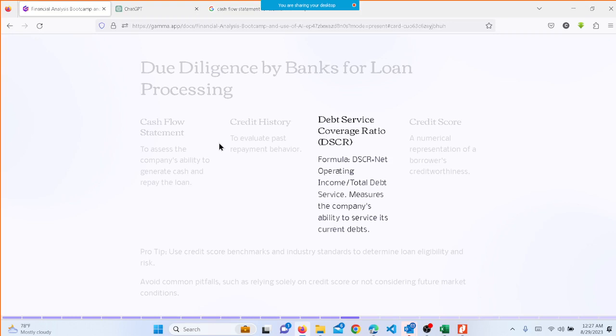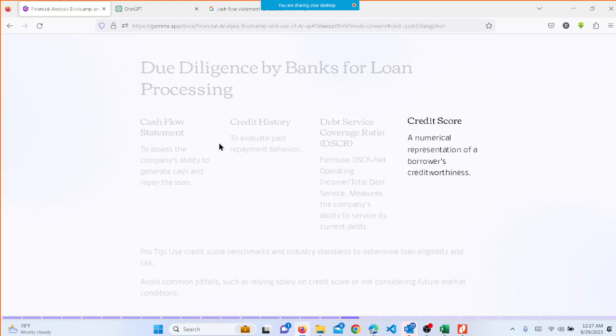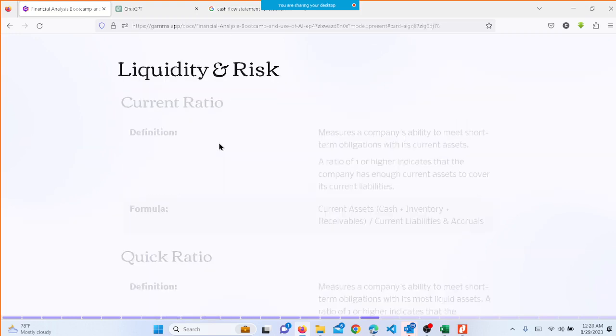Plus, it will also look at the credit score from another agency that may look at the creditworthiness of the company. So this is the summary of how banks use it.